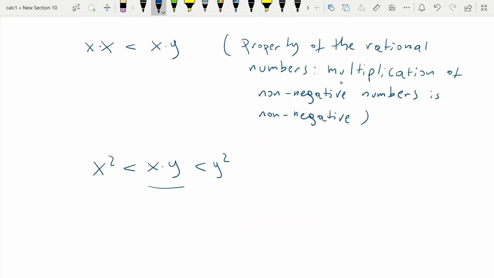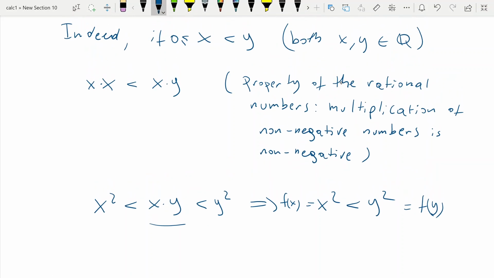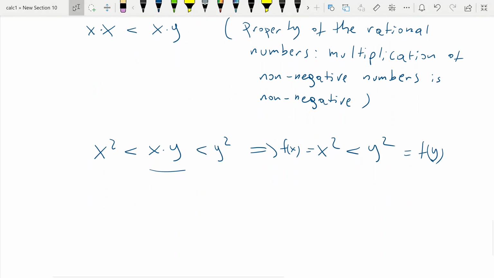And so this implies that x squared is less than y squared, and this is f of y. All this is f of x. So starting from the assumption that x is less than y, we arrive at the conclusion that f of x is less than f of y. And this is exactly what it means for a function to be increasing.